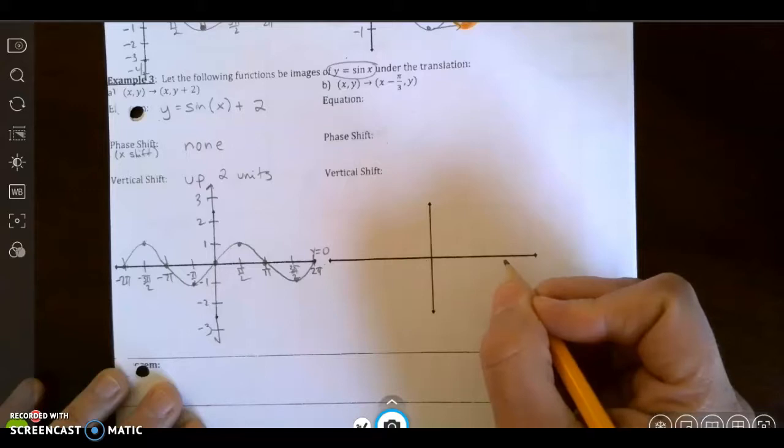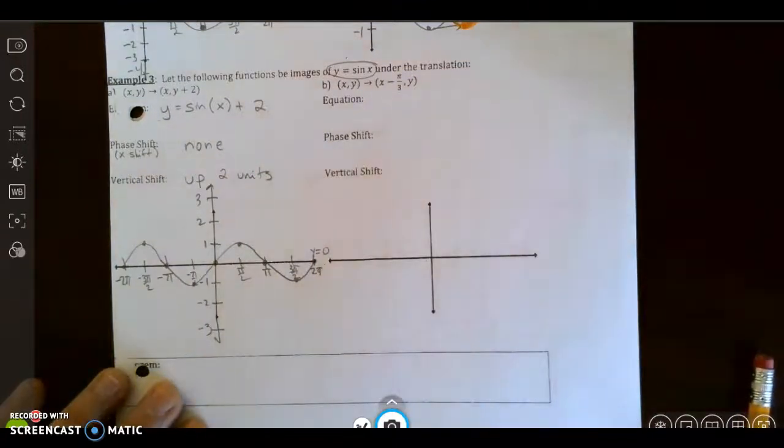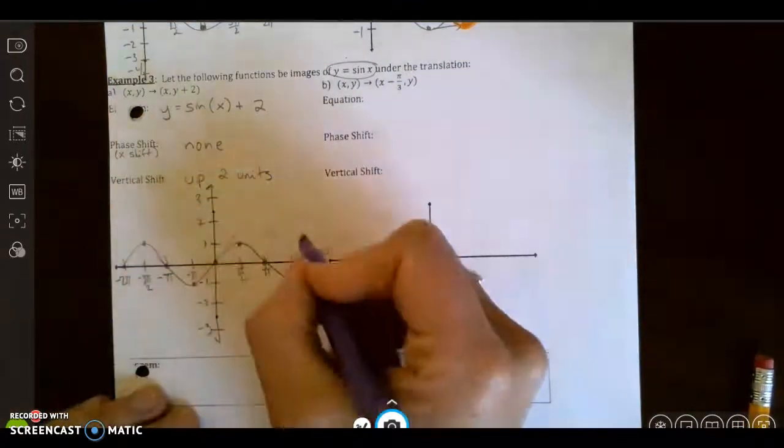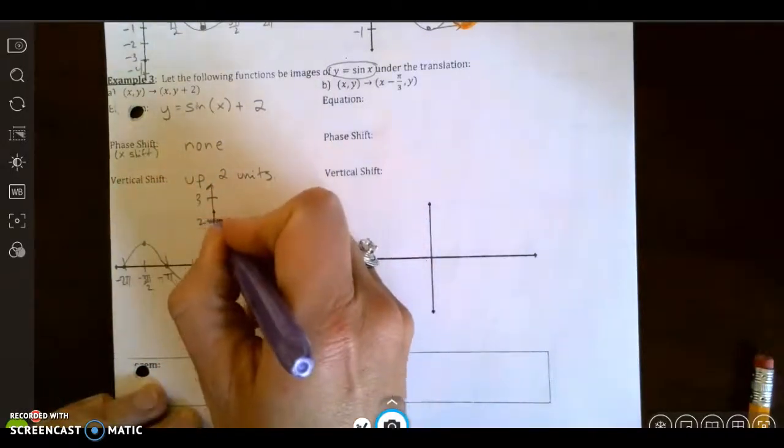And since the vertical shift is up 2 units, we're going to want to move every point up 2 units. So instead of my axis being at y equals 0, it's going to be at y equals 2.